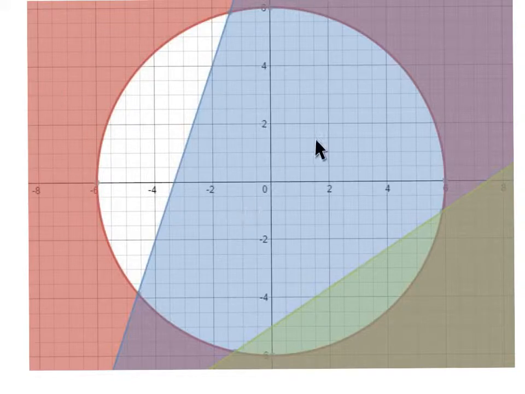In this area, we have solutions for the first two equations. In this area here, we have solutions for the last two equations. But in this weirdly shaped area down here, in this area right here, we have solutions to all three equations. So this is where we can show that our solutions lie. Okay?